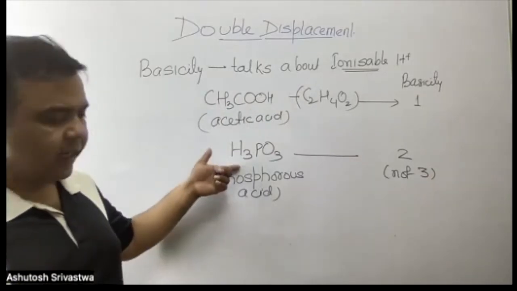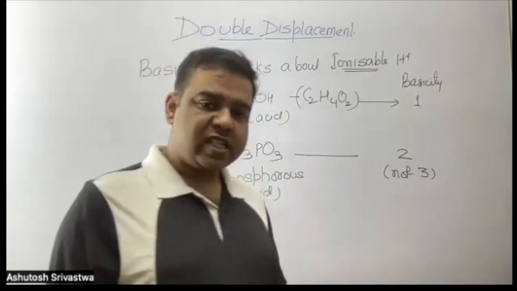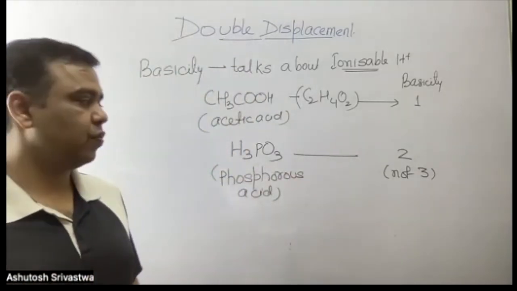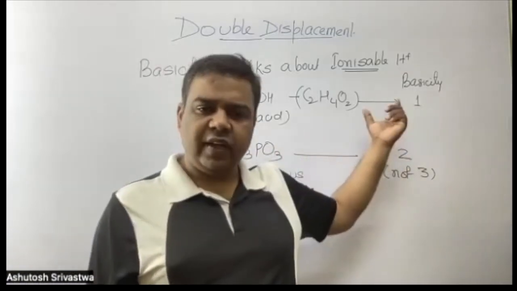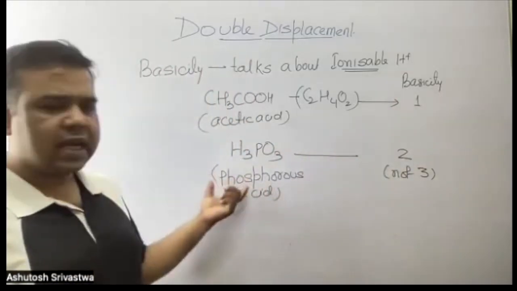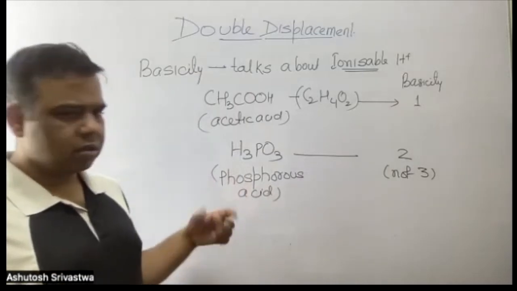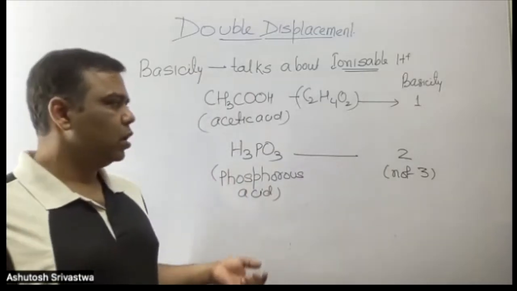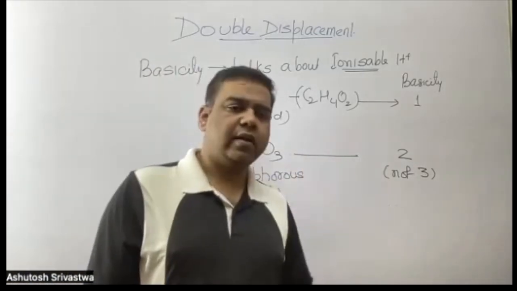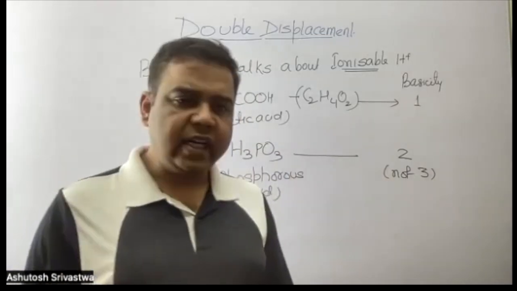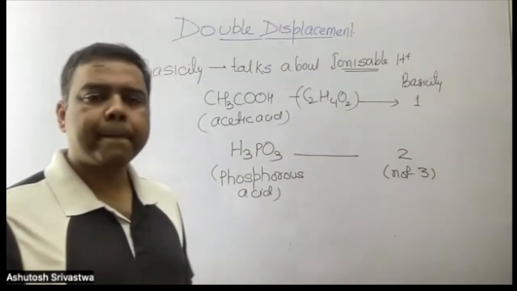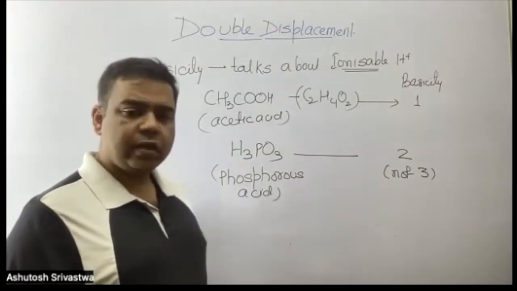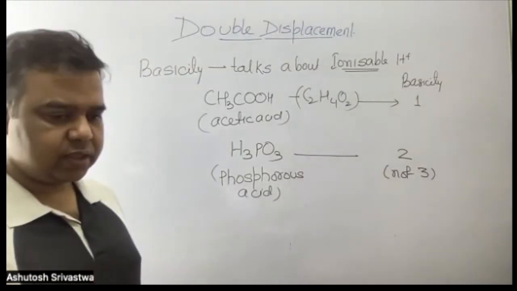It contains 3 H, but the ionizable H is only 2. Similarly, acetic acid contains 4 H, but the ionizable H is only 1. It is a weak acid, comparatively weaker than HCl, HBr, and so on. So there is no guarantee that all the H will be ionized. Very easy to understand.